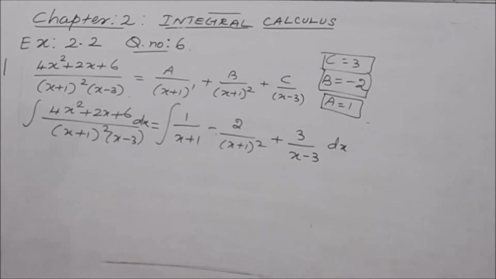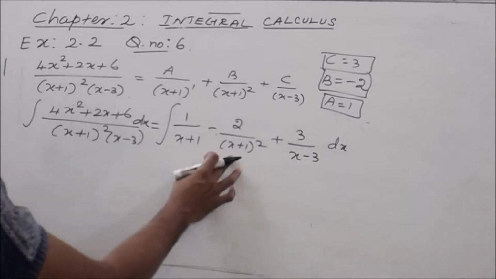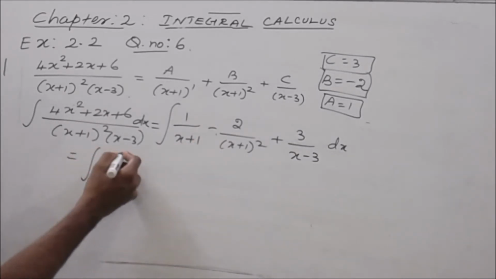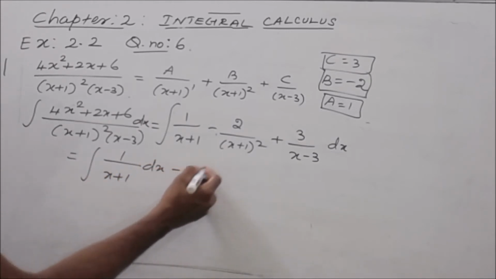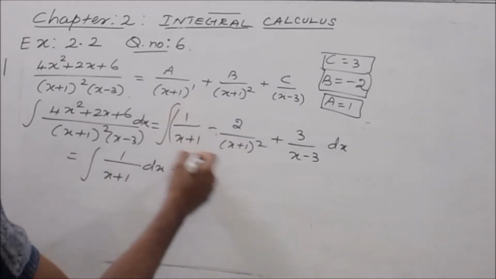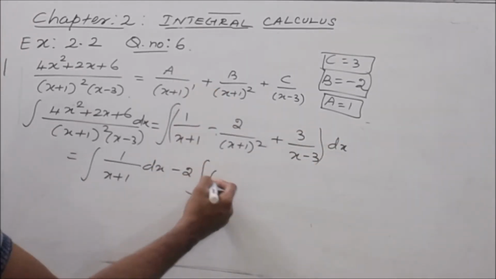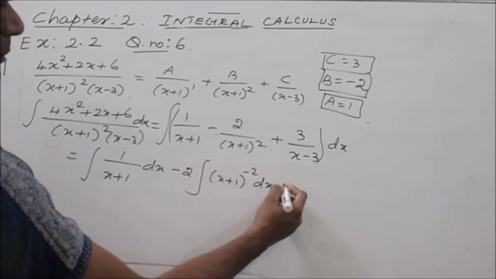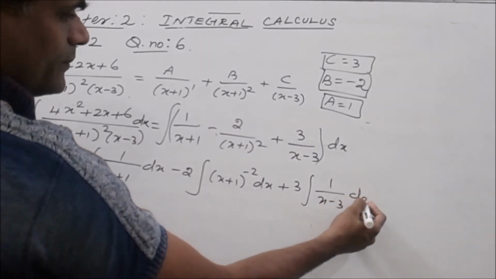Here there are three terms, but we need only one formula for them. We can simplify this again, equal to the integral of 1 by x plus 1 dx, and minus 2 into the integral of 1 by x plus 1 whole square, which will be taken as x plus 1 whole power minus 2 dx, and then plus 3 into the integral of 1 by x minus 3 dx.